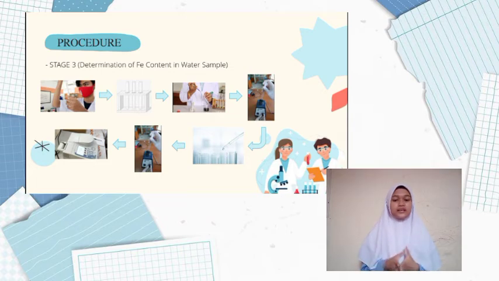After that, homogenize using a shaker. Next, add 0.25 ml of 0.01 normal KSCN solution with a dropping pipette. After that, homogenize using a shaker. And finally, measure the sample with a spectrophotometer at a wavelength of 480 nanometers.